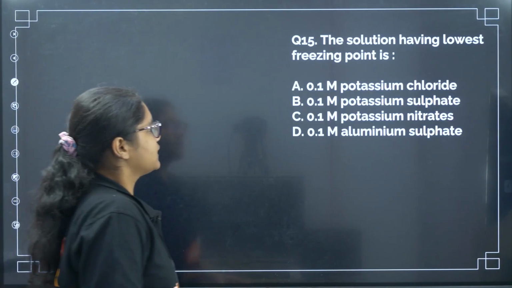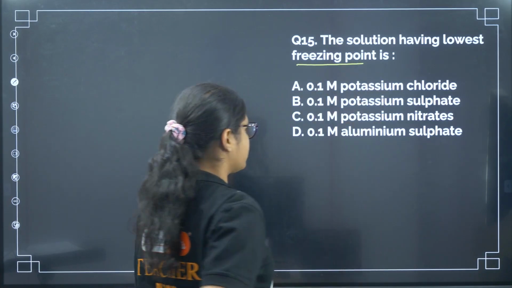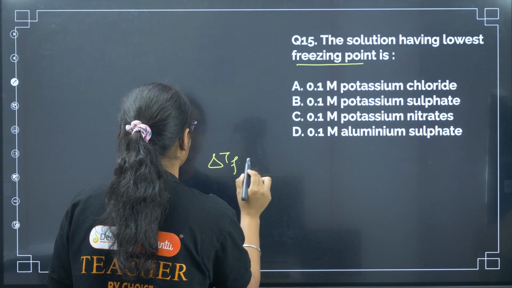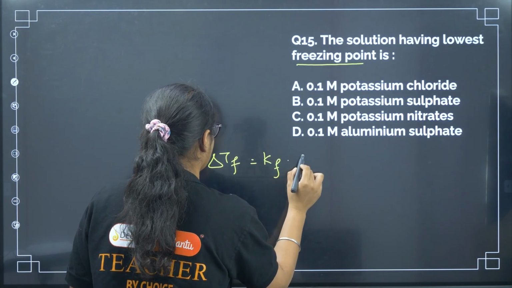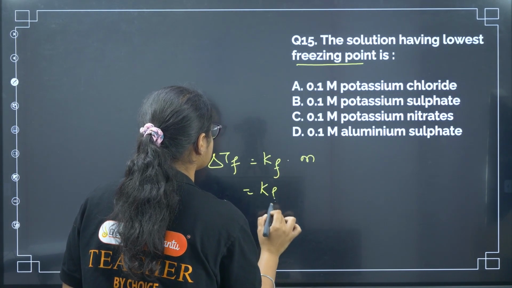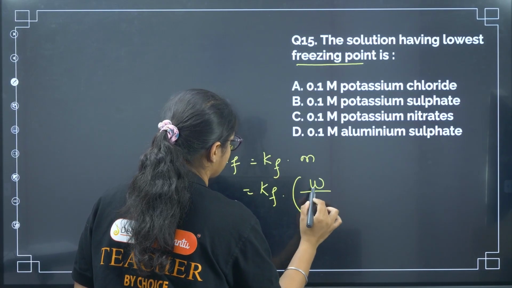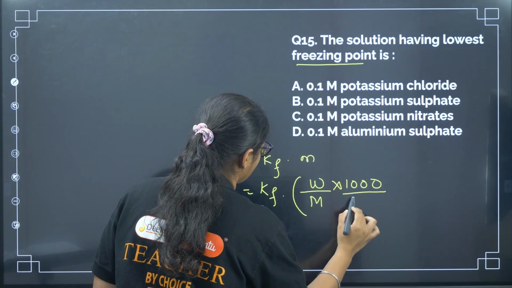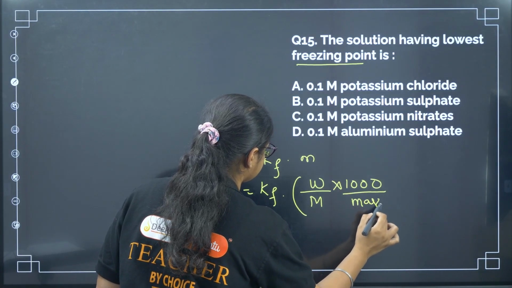The next question: the solution having the lowest freezing point. If you see the formula for freezing point, delta Tf is equal to Kf into m. If I expand this molality, it is given mass by molar mass into 1000 by mass of the solvent.